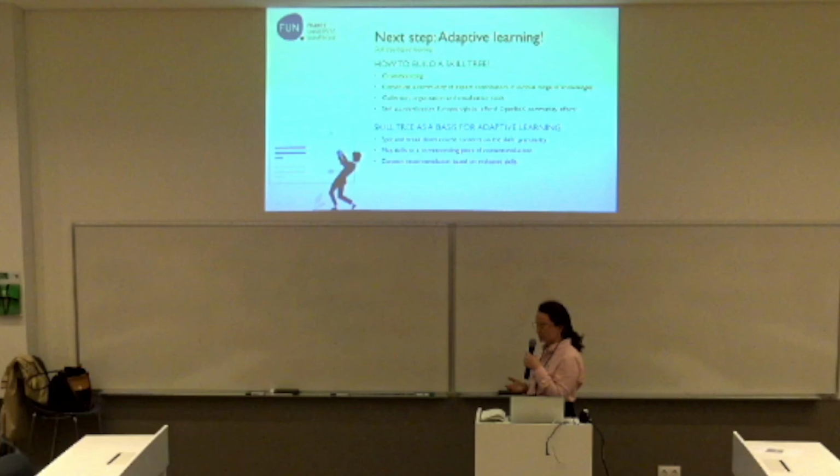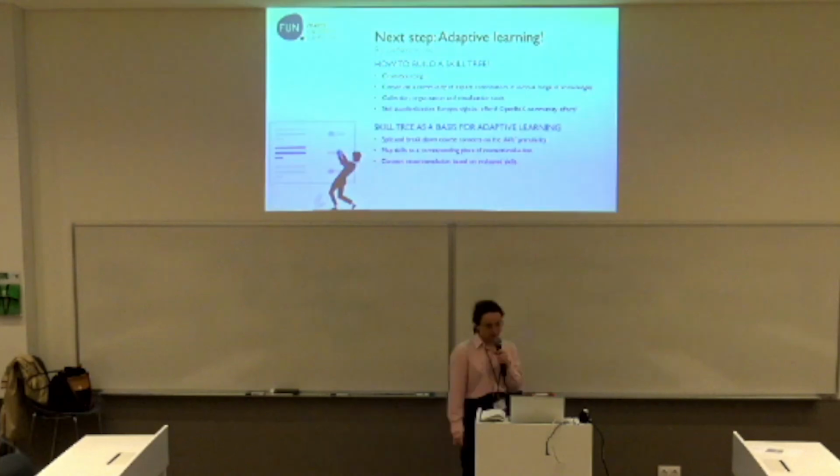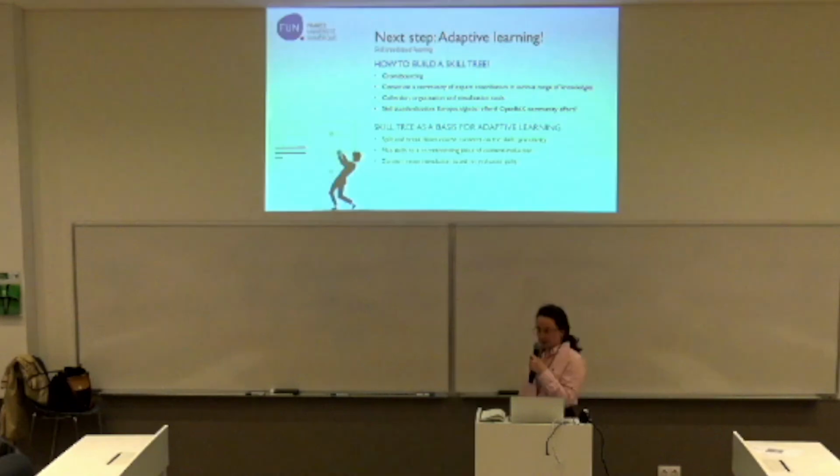So the vision we have for adaptive learning in our architecture would be to build a skill tree, but not alone. Building a skill tree would be to build it together, with several stakeholders from different knowledge areas, from different expertise.